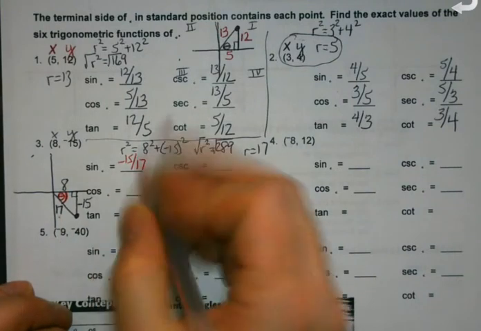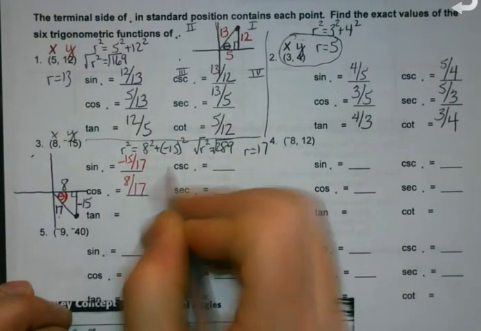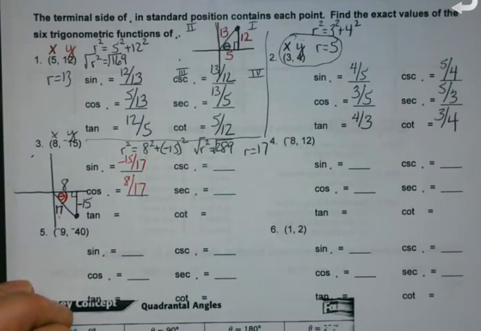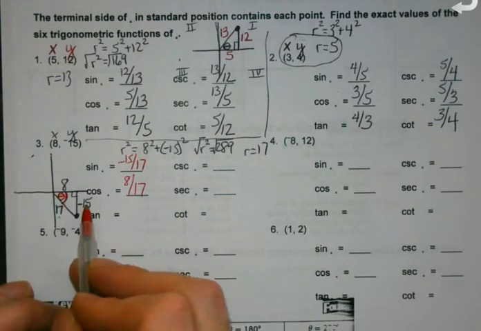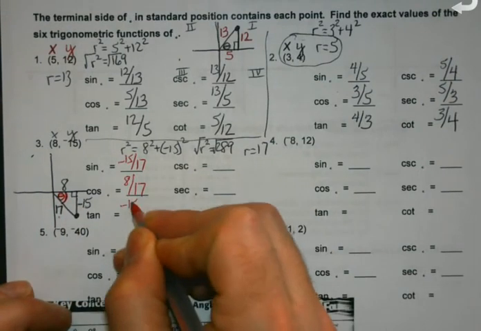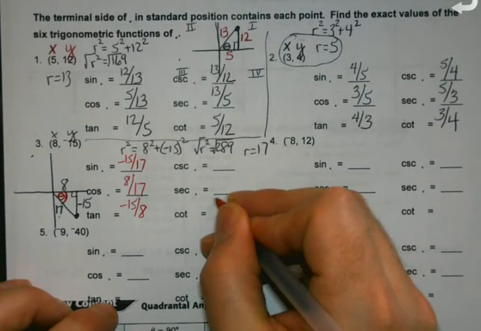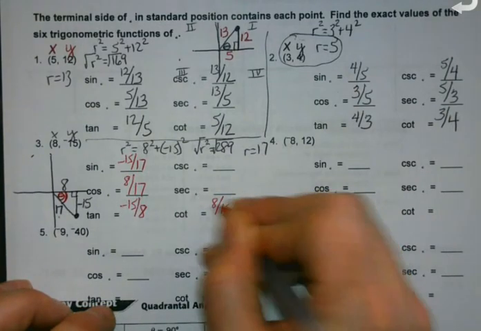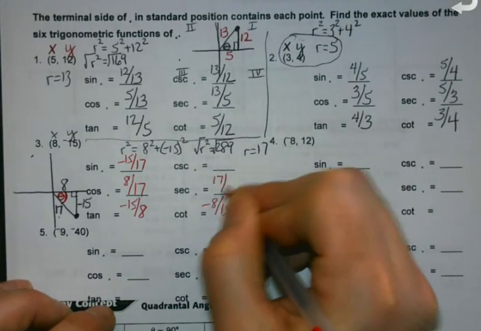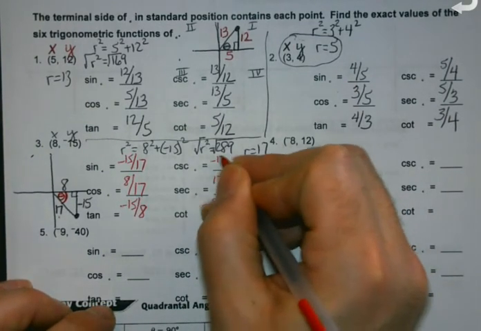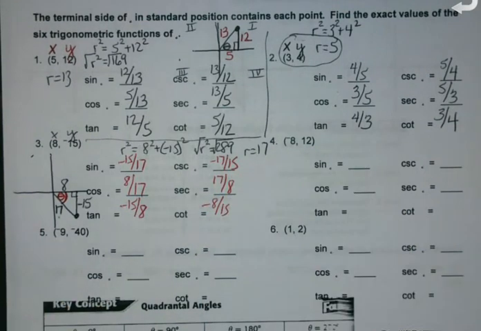Adjacent over hypotenuse, 8 over 17. And tangent is opposite over adjacent, negative 15 over 8. And again, just take the inverse for your other trig functions.